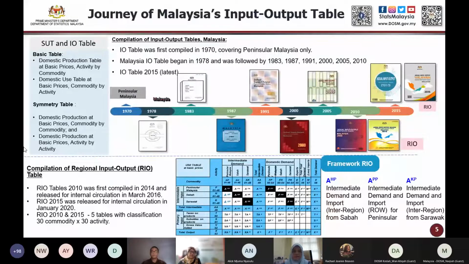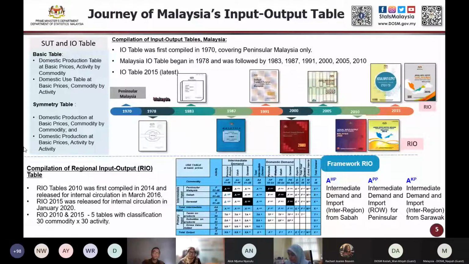Then the Malaysia IO table began in 1978, followed by 1983 to 1987, 1991, 2000, 2005, and 2010. The IO table 2015 is the latest.